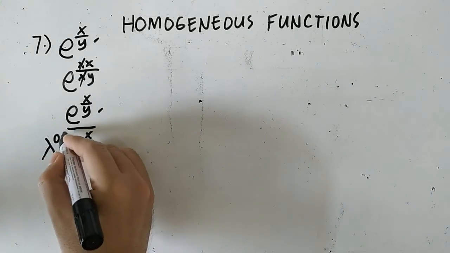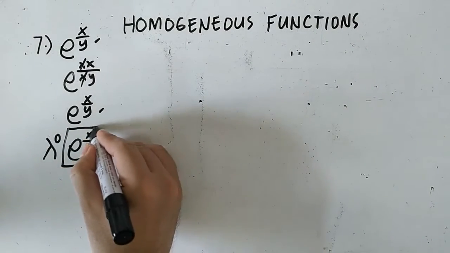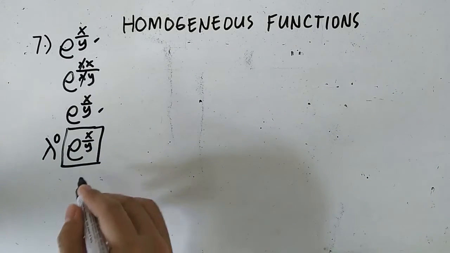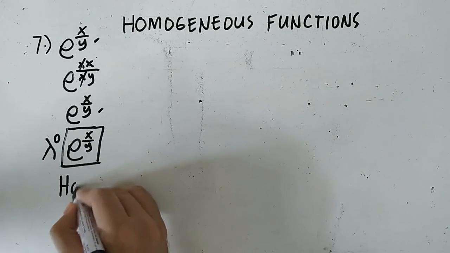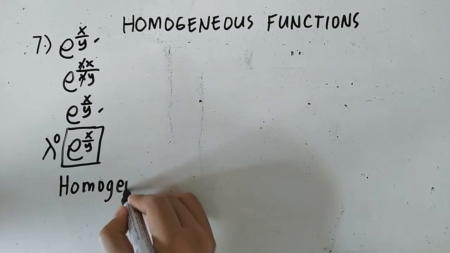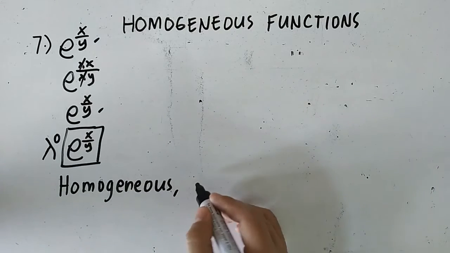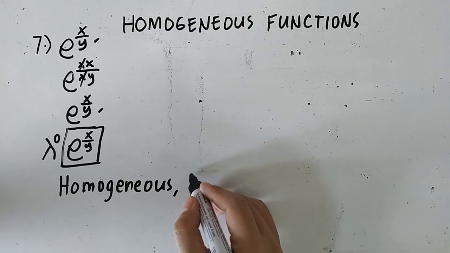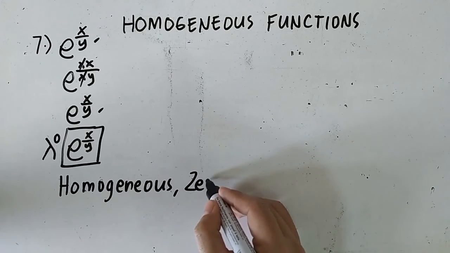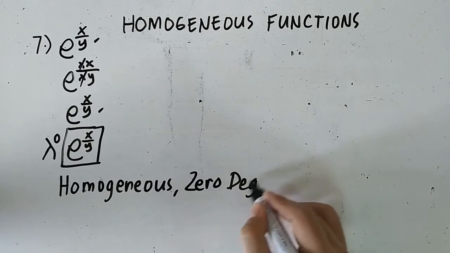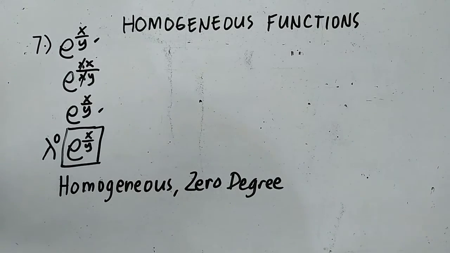And so since we have already obtained our original function free from lambda, we can conclude that the function is homogeneous, with a degree equal to 0, or zero degree.